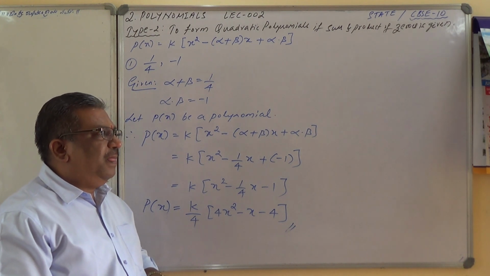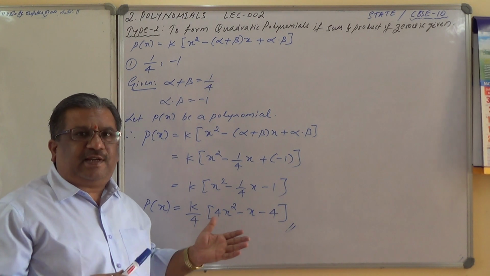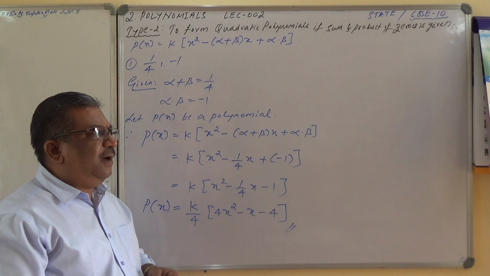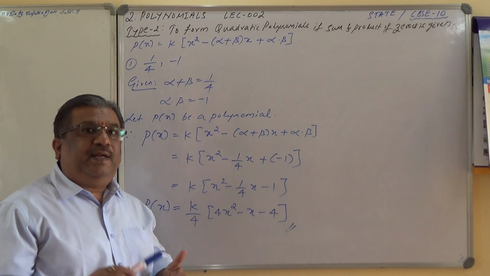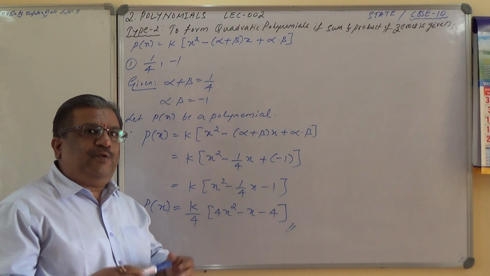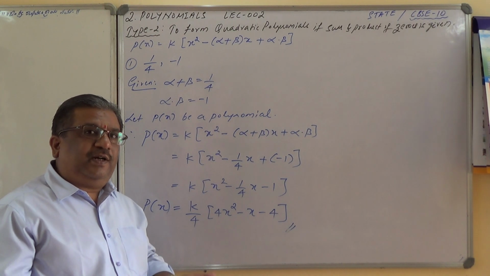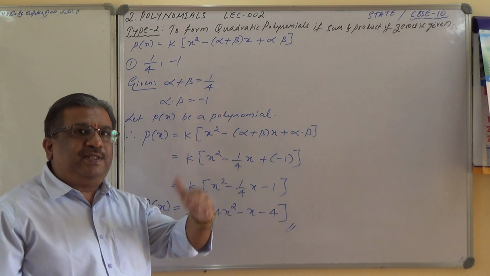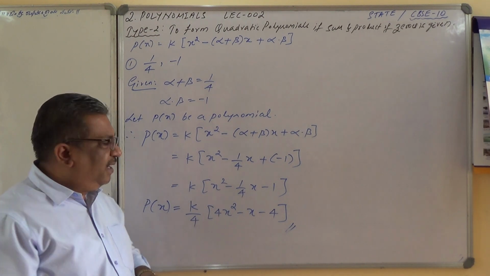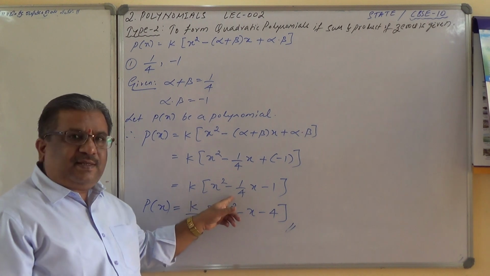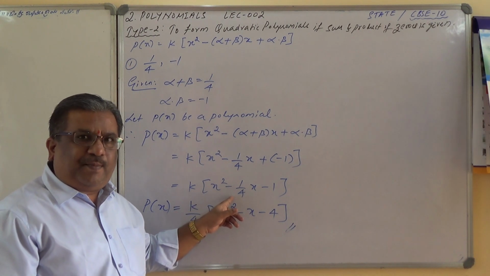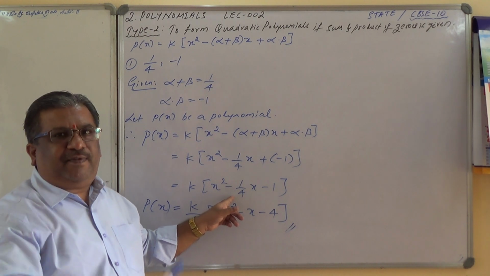In the last section of this chapter, we are going to have the numericals on division algorithm. In the division algorithm, sometimes we may have to form quadratic polynomials based on the given zeros or sum of zeros and product of zeros. In that case, if I take this as a quadratic polynomial for dividing a cubic polynomial, it is extremely difficult.